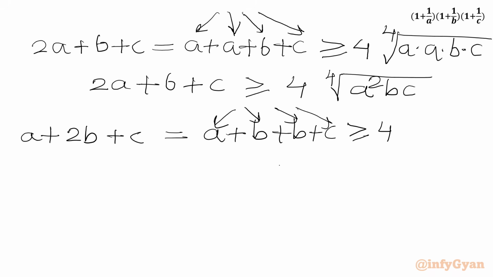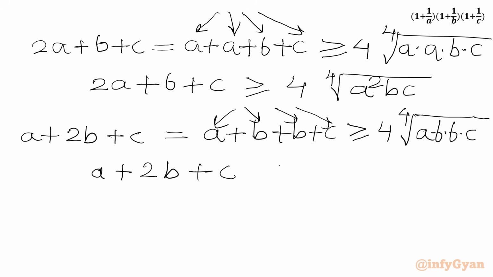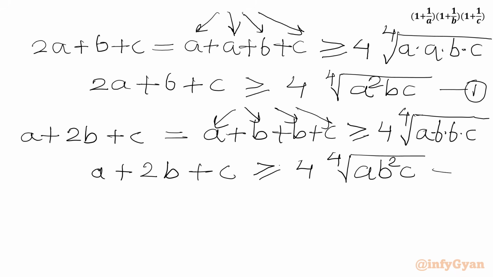So greater than or equal to 4 times 4th root of A times B times B times C. So we'll write A plus 2B plus C greater than or equal to 4 times 4th root of AB square C. Let us say this is our first inequality, this is our second inequality.